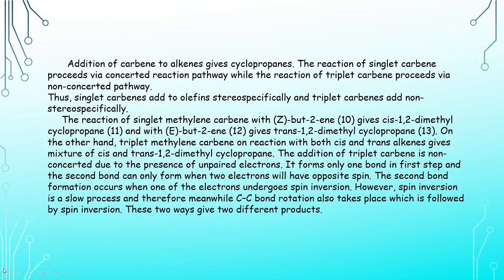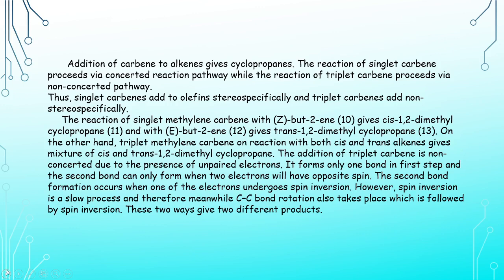In the triplet carbene, there is a formation of one bond with the CH carbon atom in the carbene. This is the first step, and in the next step, for the second bond formation there is a need for spin inversion.